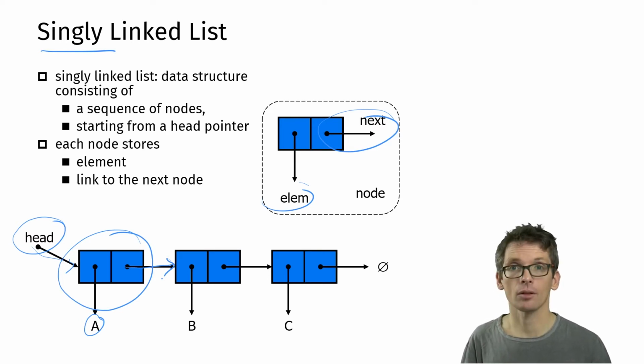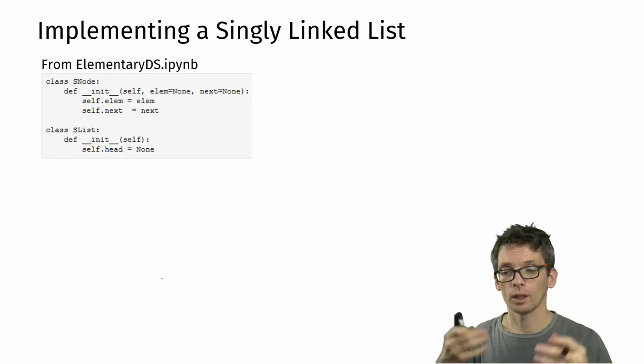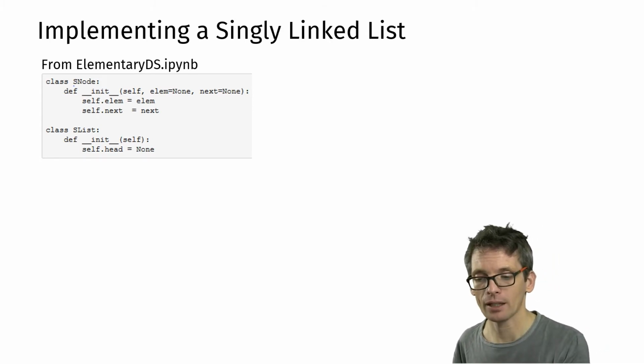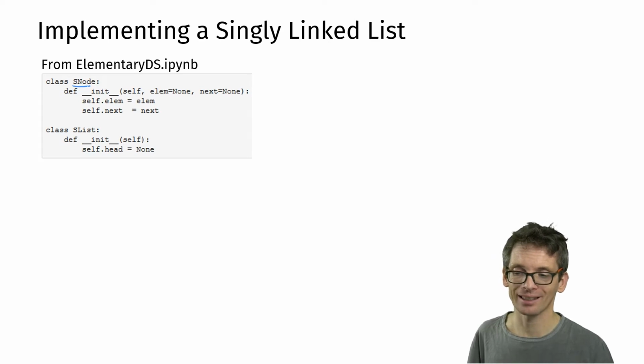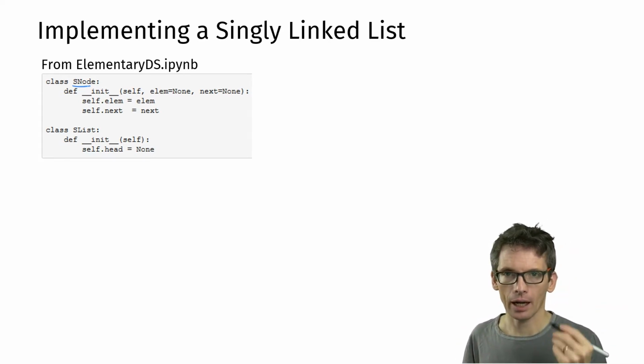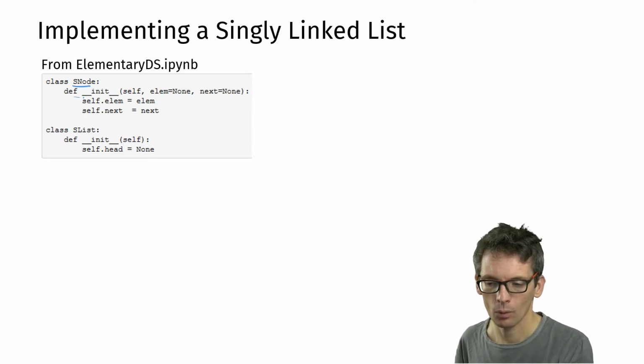How does this look, for instance, in Python? We need node objects and a list object. S here stands for singly linked, a node in a singly linked list. As a method, we simply have to initialize a node.